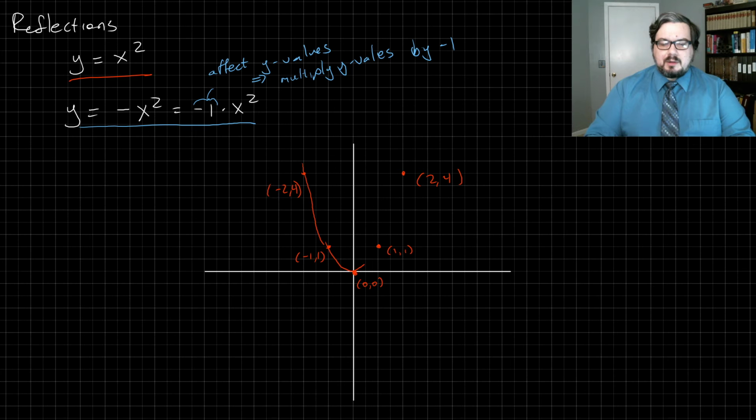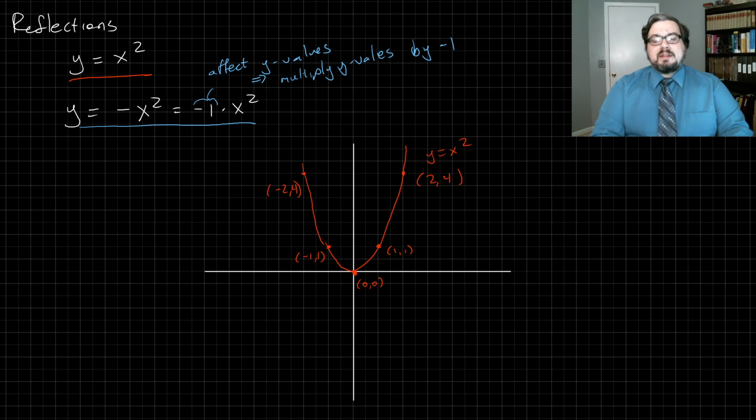And this is what our basic graph of y equals x squared looks like. Now, if we want the graph of y equals negative x squared, then that's going to multiply each one of the y values in the graph by negative 1.